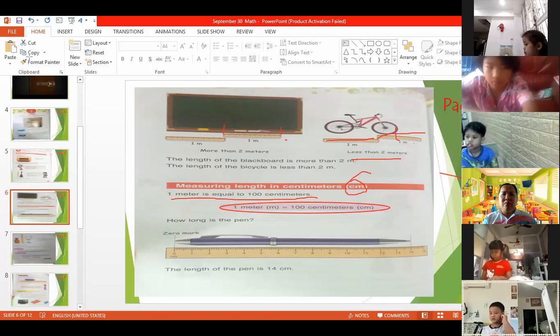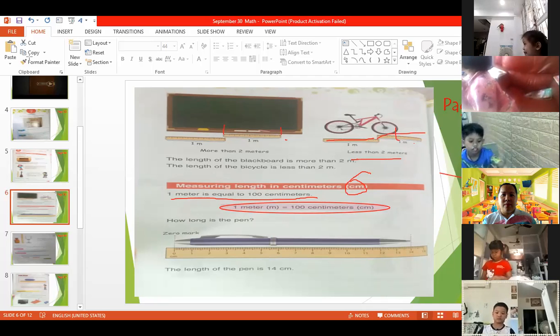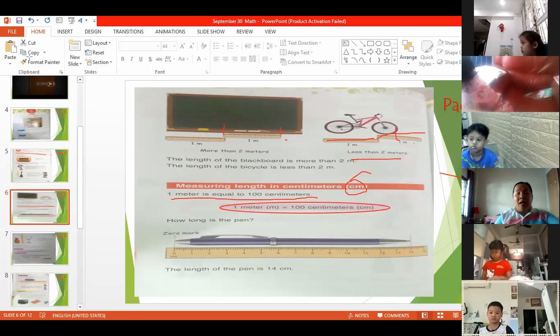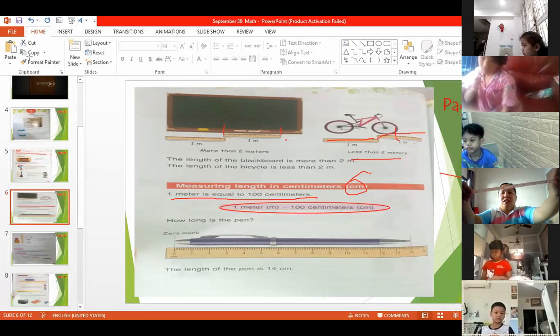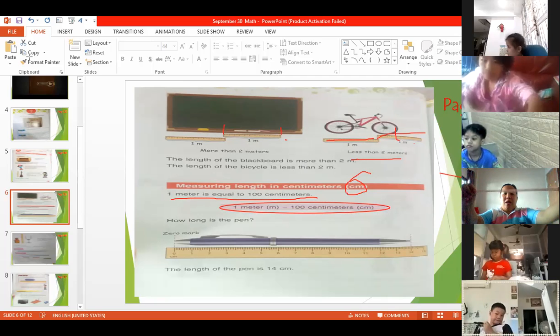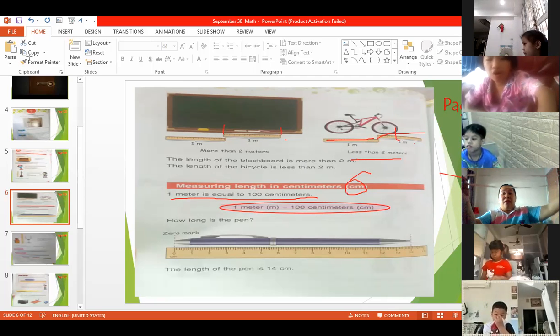Wait, I will remove my background so that I can show you. I have a long one. Okay, so here, if you have the same as this in your house, a tape measure, you can use it. This one, if you have it. One meter.